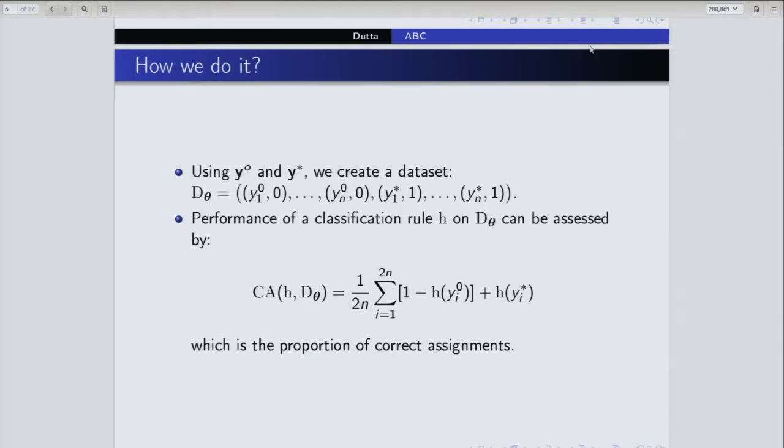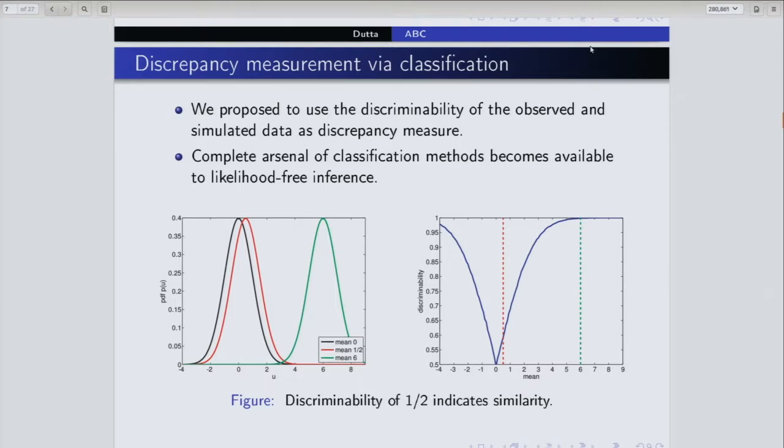Whenever you are given a classification accuracy, the lowest value is 50%, which is a random coin toss. The minimum can be 50%, and its maximum can be 100% accurate.